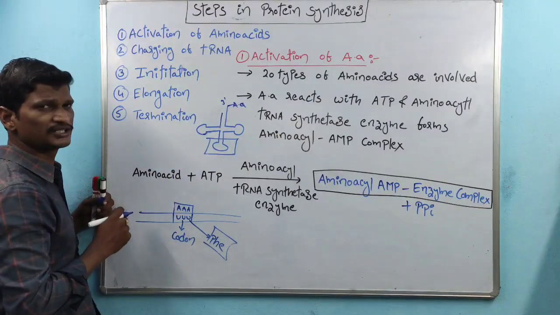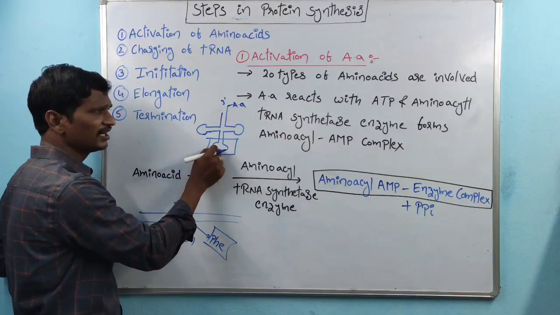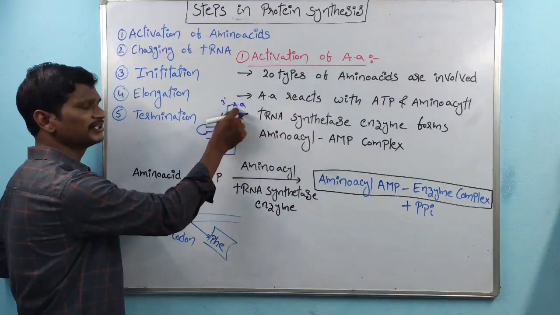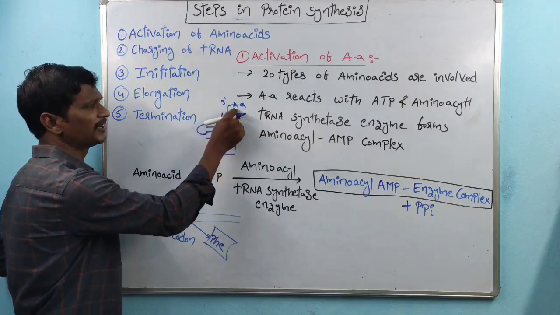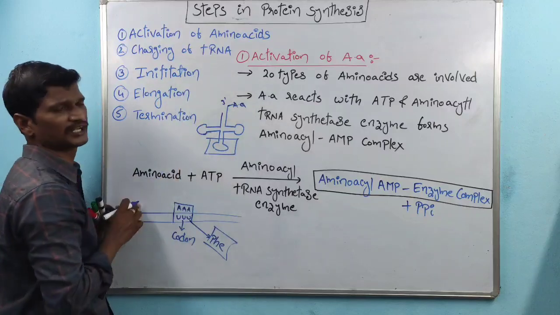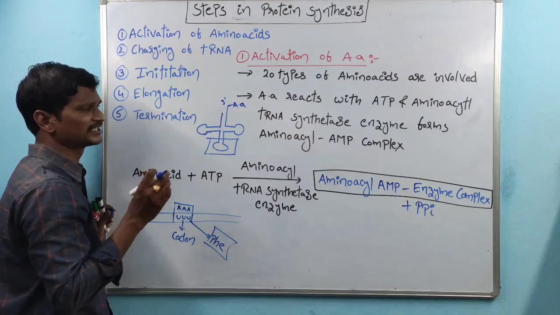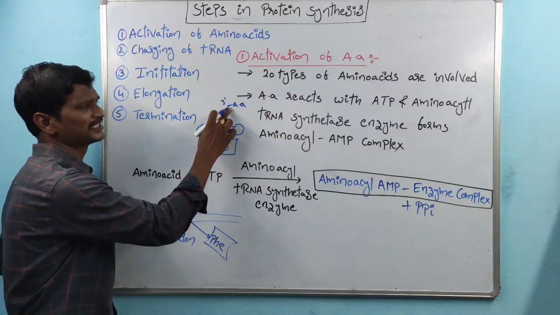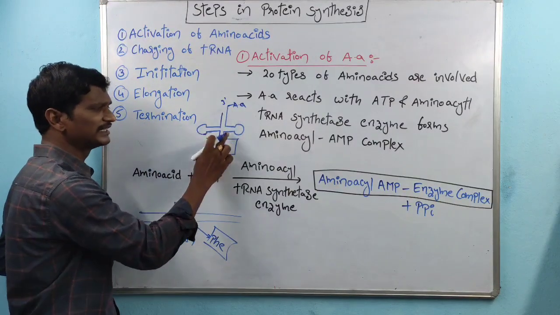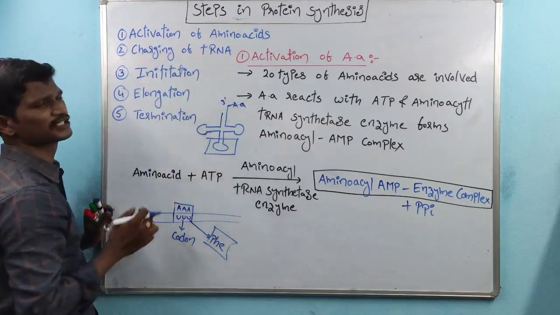This is the tRNA bound with amino acid. So the process is called charging of tRNA. A specific amino acid binds at the amino acid acceptor arm of the tRNA. That process is called charging of tRNA.